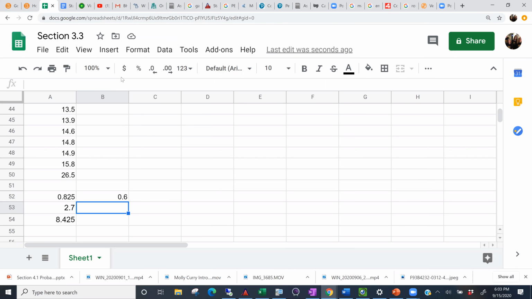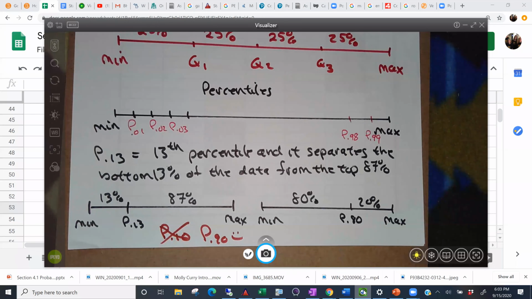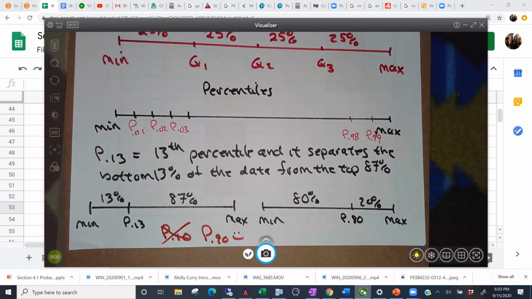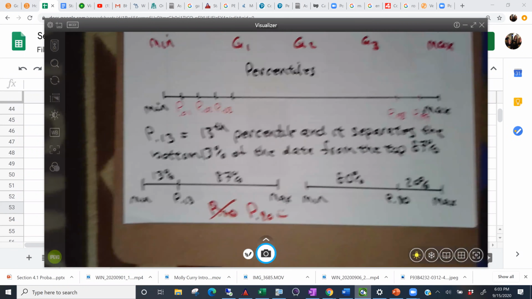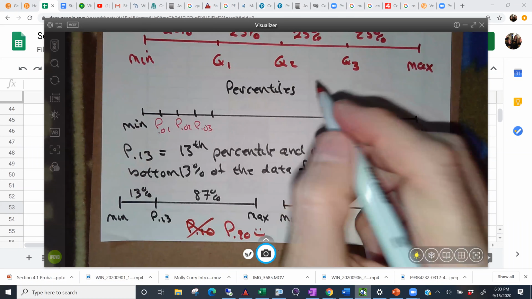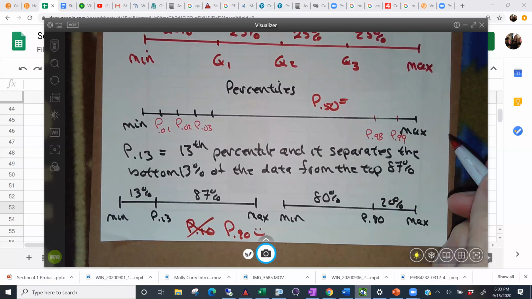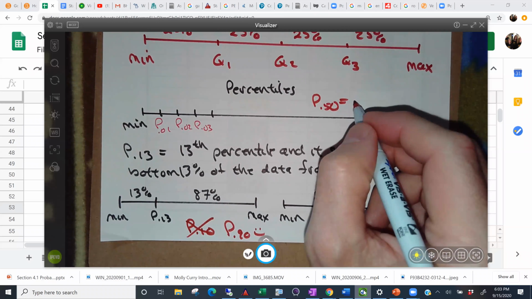By the way, let's take a look at our percentiles here, and maybe you can give me a couple different names for P50. What would be another name for P50? There's two more names. What is it?